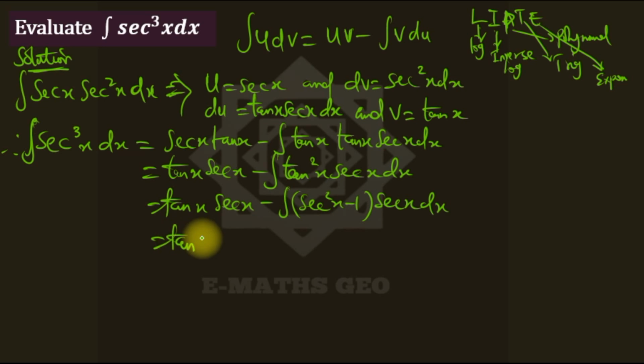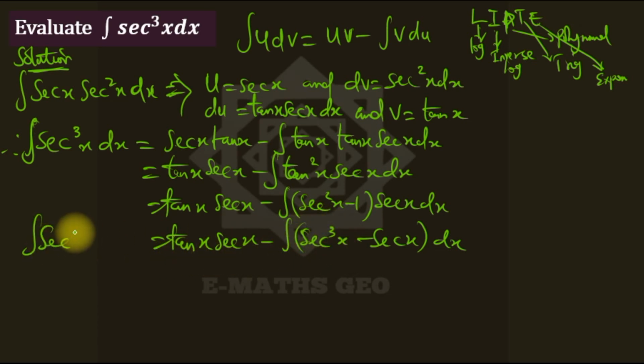So this is tan x sec x minus the integral of sec cube x dx minus sec x dx. If you notice, we still have sec cube x. Remember, there is sec cube x here.